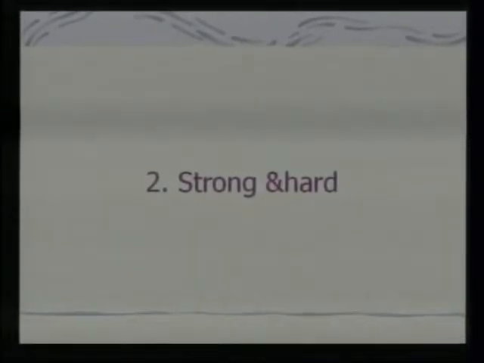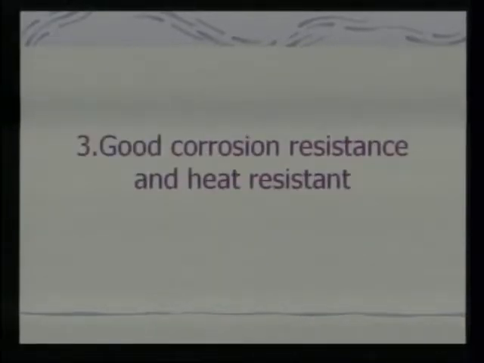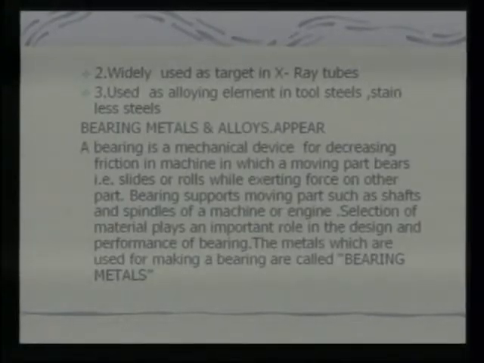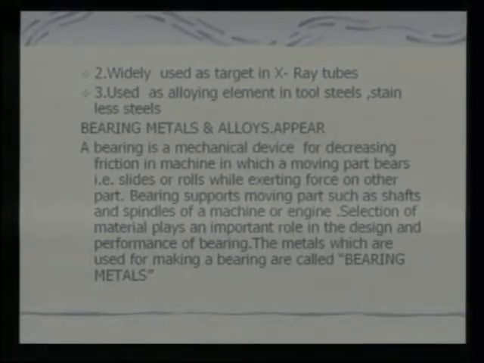Strong and hard, good corrosion resistance and heat resistant. Its uses are like this. Widely used as target in X-ray tubes, used as alloying element in tool steels, stainless steels.